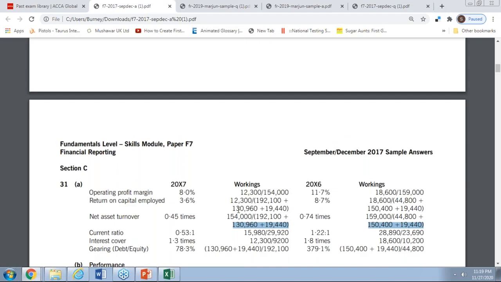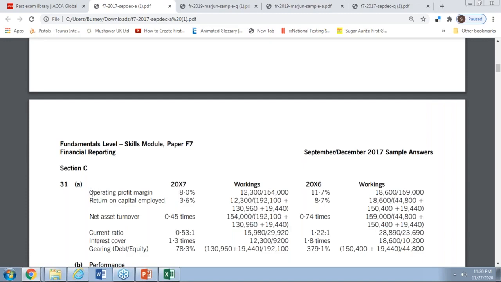And as the scenario says that the flight schedule remains the same, why is it decreasing? The reason could be fewer passengers traveling, or it could be due to the low airfares that we are charging to the customers. So these are the points that you should discuss in the profitability.